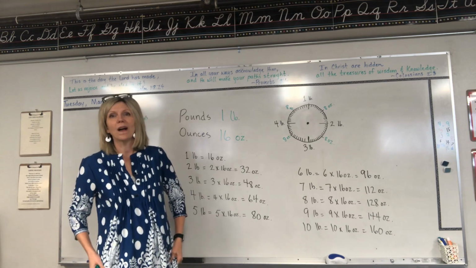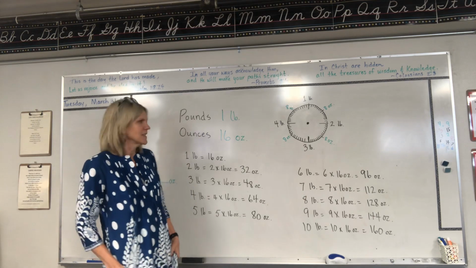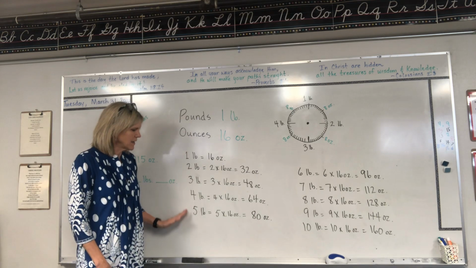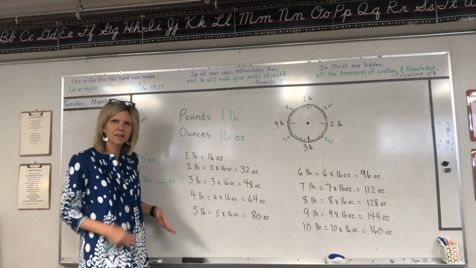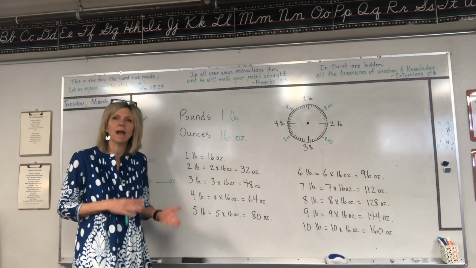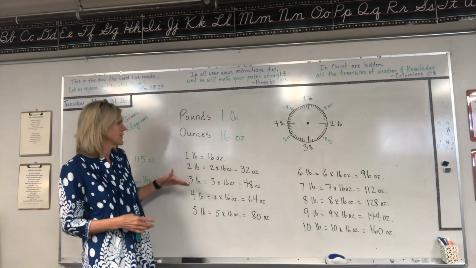We've gone up to 12, but we're not 16. So it's a little harder. So I would just write this in your math journal and have it right there accessible so that when you're converting ounces to pounds or pounds to ounces, it's all right there for you.